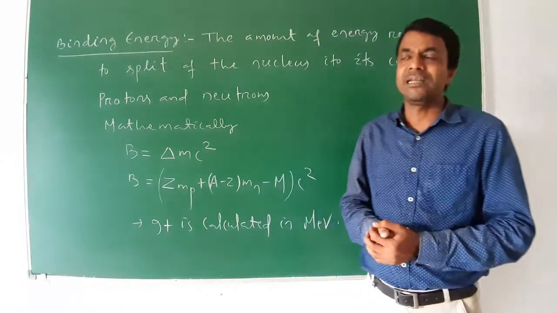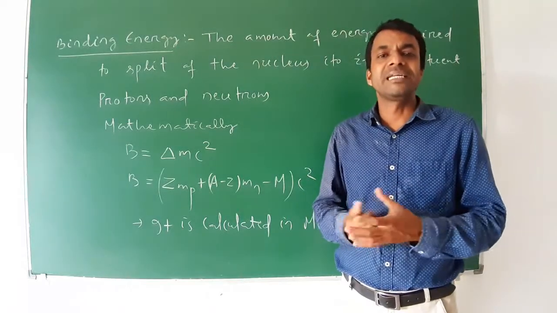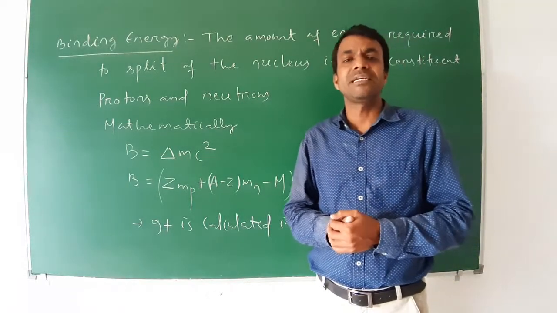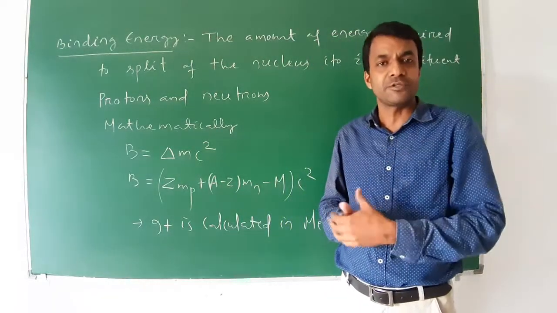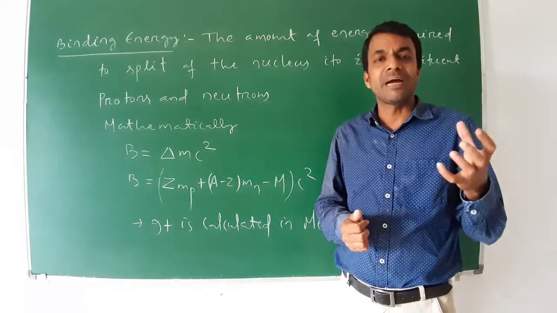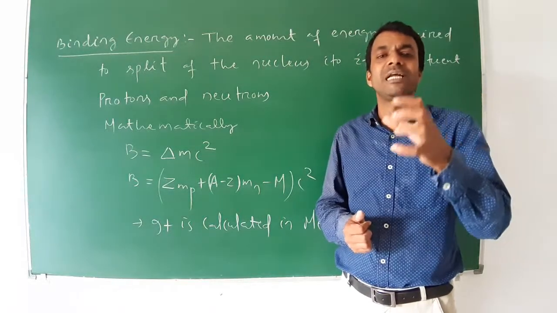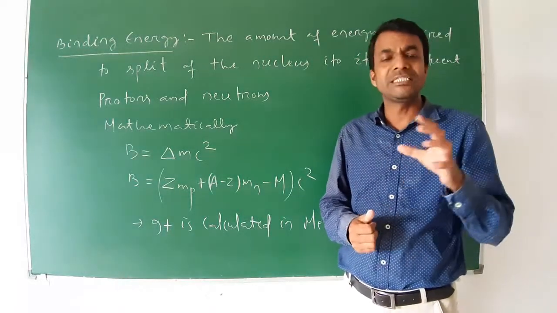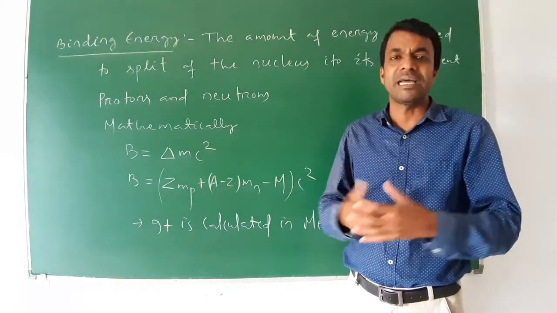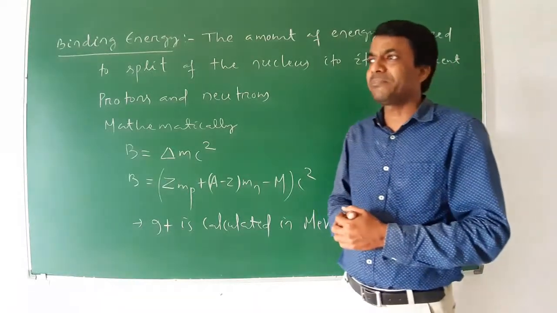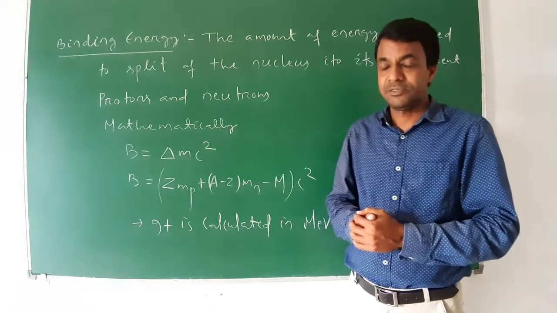If we write it mathematically, then according to Einstein's mass-energy relationship, binding energy is given as mass defect times c squared. According to Einstein's mass-energy relationship, E is equal to mc squared, but in the case of binding energy, B is equal to delta m c squared, where B is the binding energy, delta m is the mass defect, and c is the speed of light. The important thing is that binding energy is always calculated in mega electron volt.